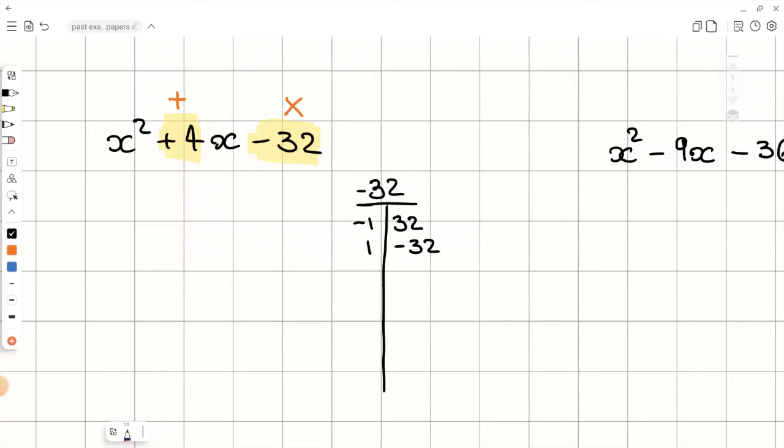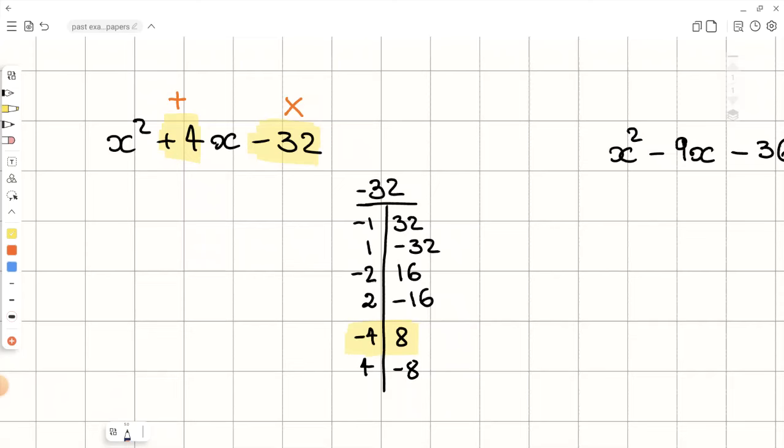Then it could be negative 2 and positive 16, or 2 and negative 16. Another pair of factors is negative 4 and positive 8, or 4 and negative 8. Now we need a pair that adds up to positive 4, and that would be minus 4 and 8.